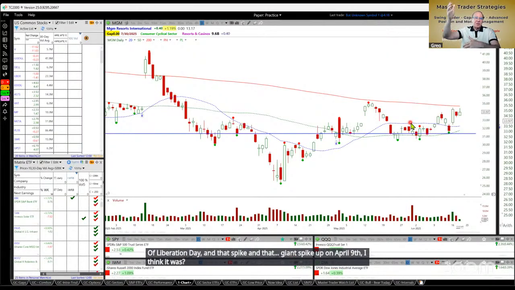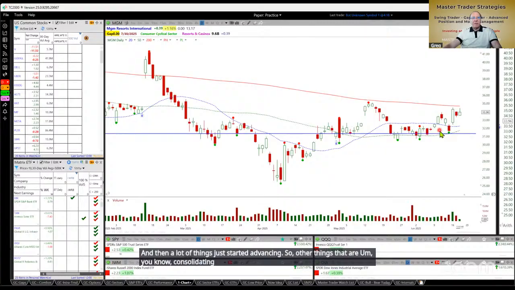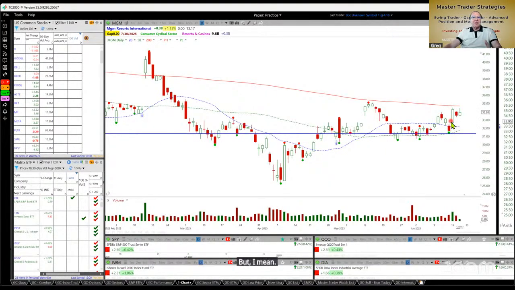And then a lot of things just started advancing. So other things that are consolidating now have underperformed. But I mean, it's a whole other conversation of understanding price patterns.